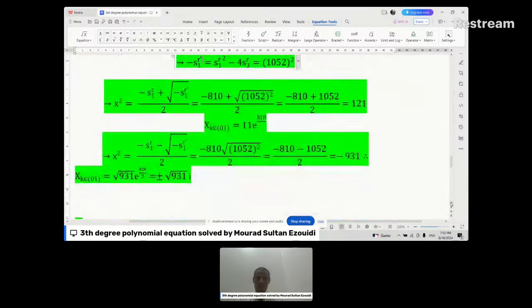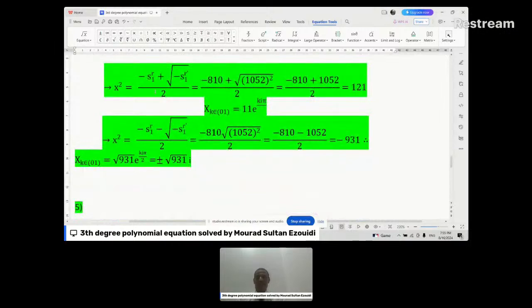We told that minus x square equal 121. So we can write in terms of unit circle. It will be xk, x subscript k belongs to 0 and 1, is 11 exponential ki pi. Means the first x root is 11, the second is minus 11.